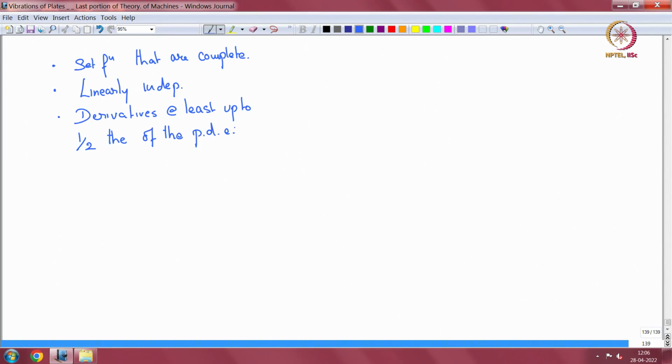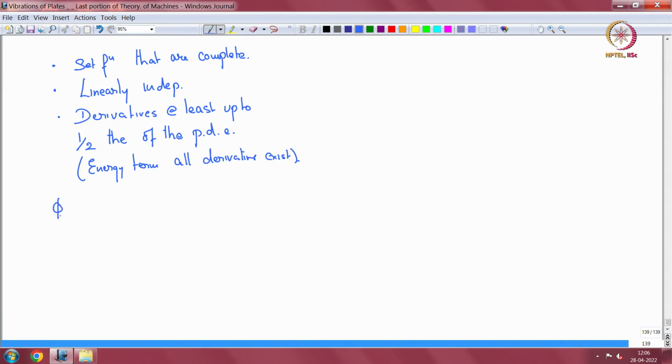That means in the energy term, all derivatives must exist. And they present this set of functions.